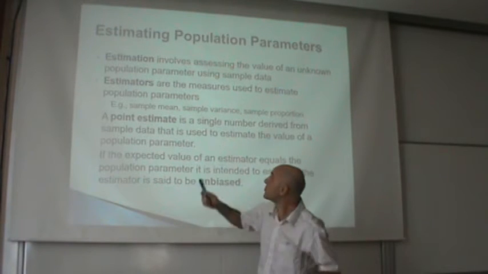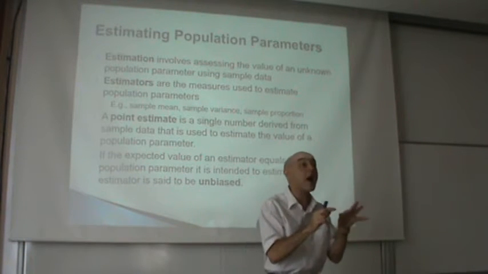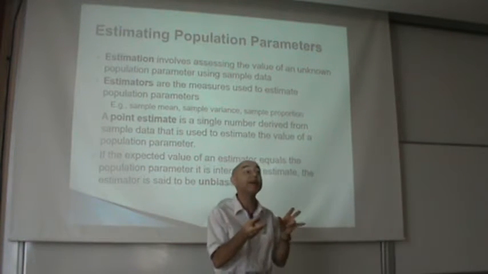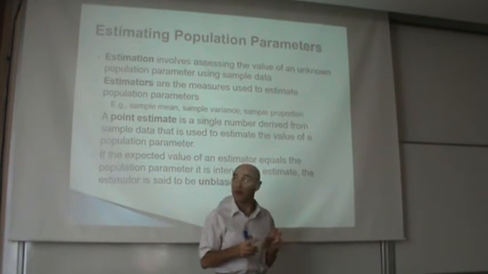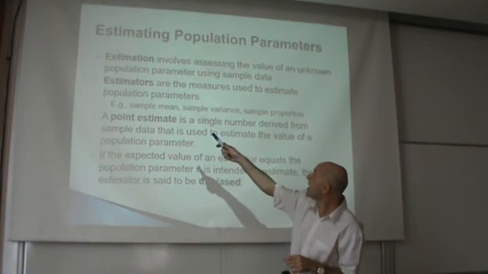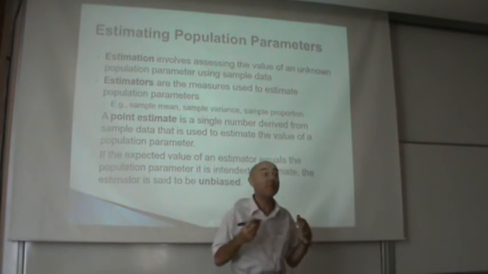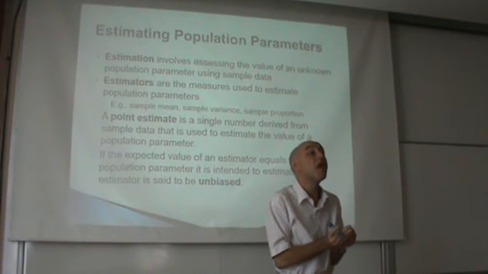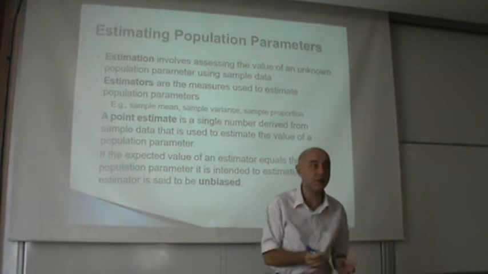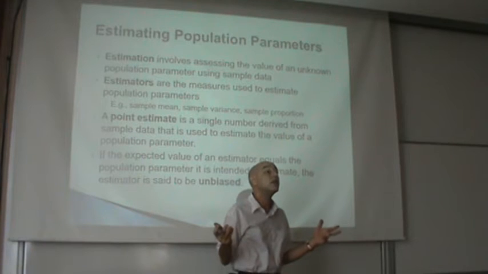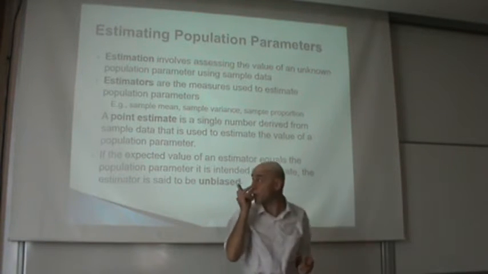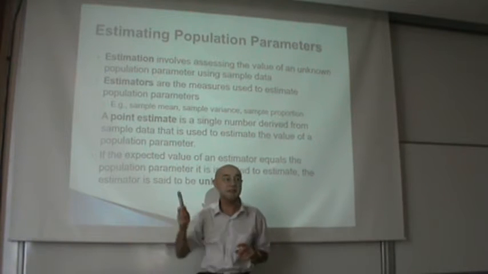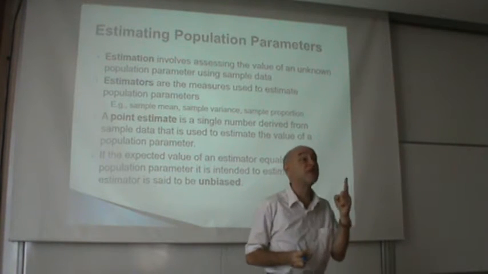So, the estimation is somehow you do the calculation based on the data, okay? An estimator is like the calculation, the formula that you use. Somehow you gotta have a formula for doing what you're doing. And then you get a point estimate. Point estimate is just one number.